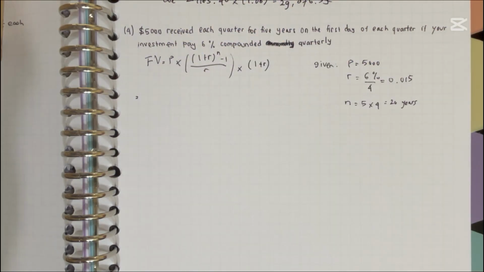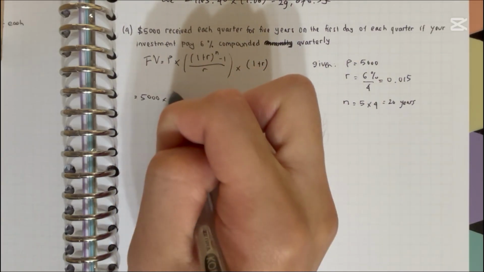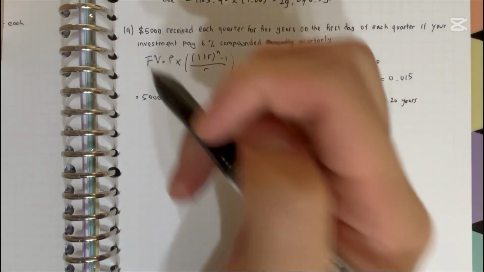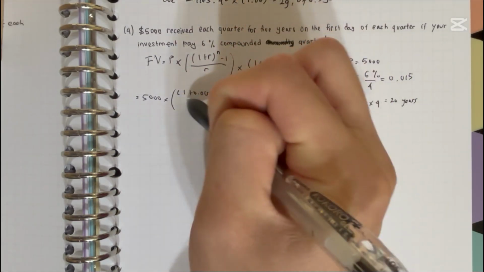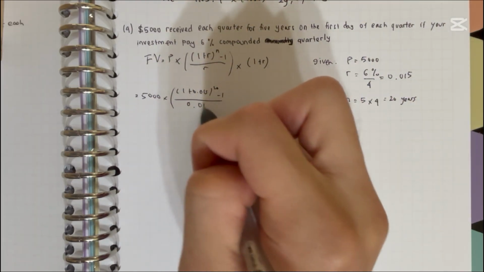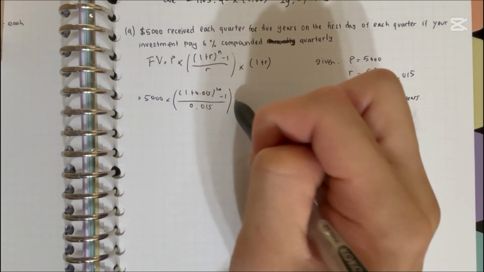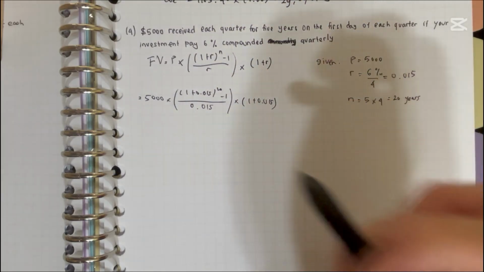Then we substitute the values, that is 5,000 multiplied by 1 plus 0.015 to the power of 20 minus 1, divided by 0.015.